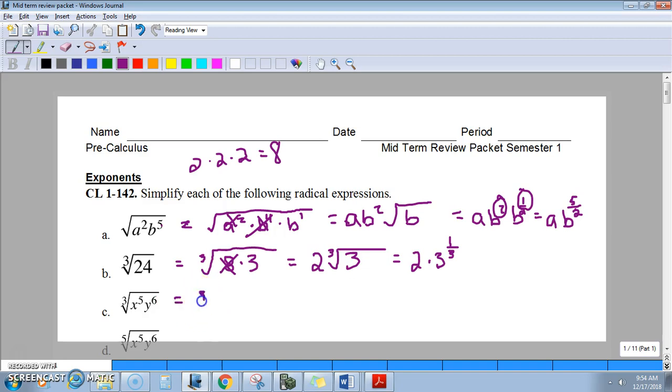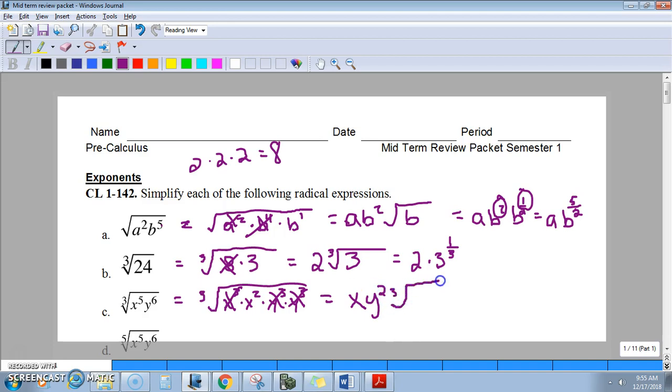Okay, now we have the cubed root of x to the 5th y to the 6th. I'm going to change x to the 5th to be x cubed times x squared, and y to the 6th to be y cubed times y cubed. I changed it to cubes so that I can take out the cubed root: the cubed root of x cubed is x. I can't do x squared, but I can do y and y, so I bring out 2 y's, but instead of y times y, I'm just going to write y squared.